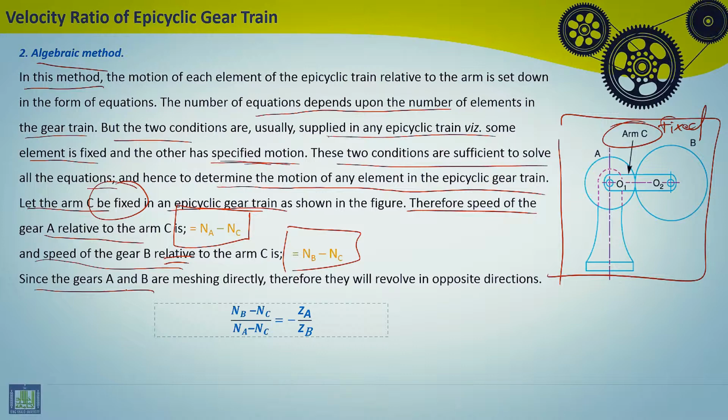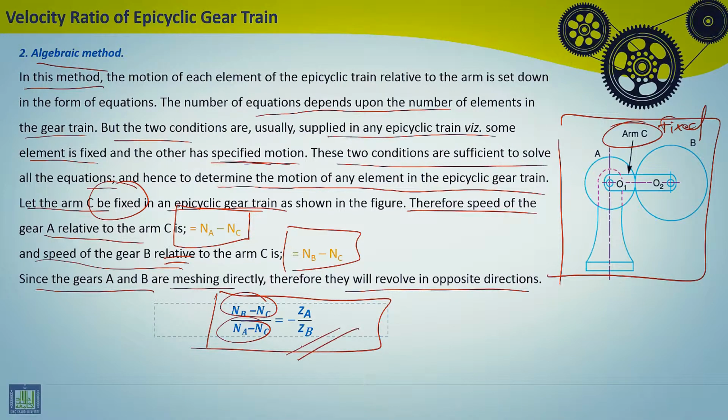Since the gears A and B are meshing directly, therefore they will revolve in opposite directions. So NB minus NC divided by NA minus NC should be equal to minus ZA divided by ZB.